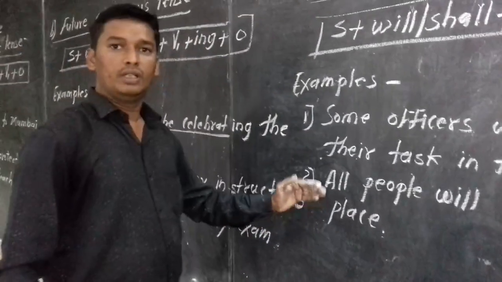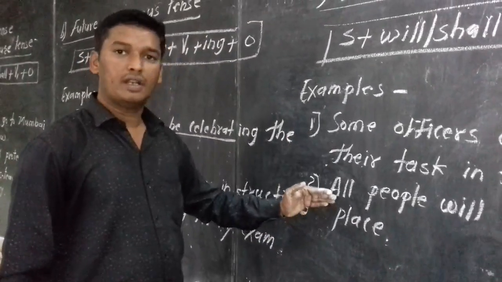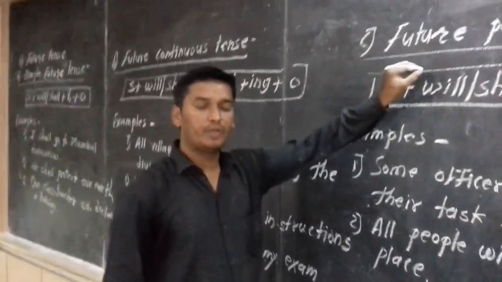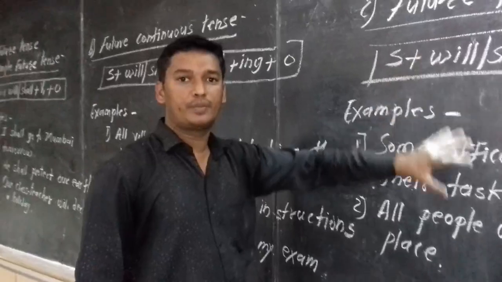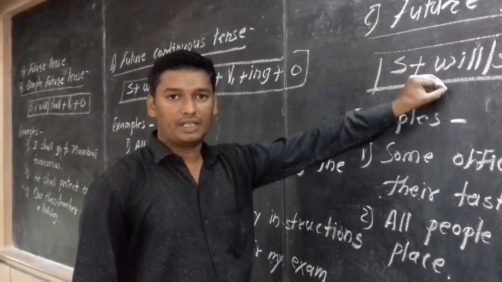Look, these two examples are of future perfect tense because the completed action in future is expressed by this tense.